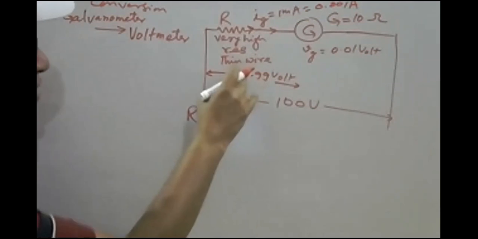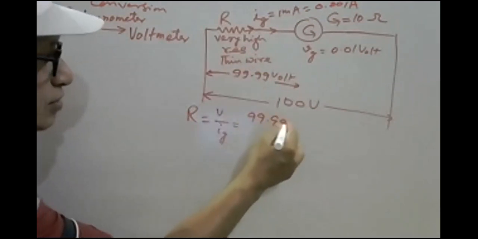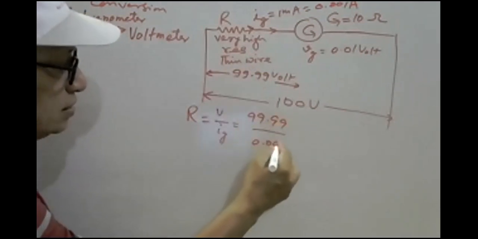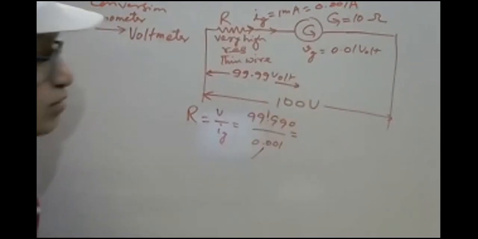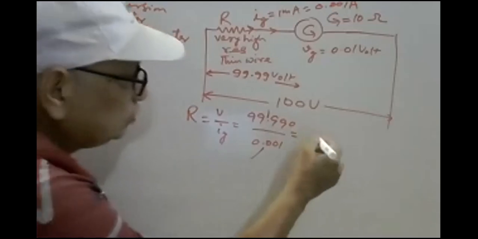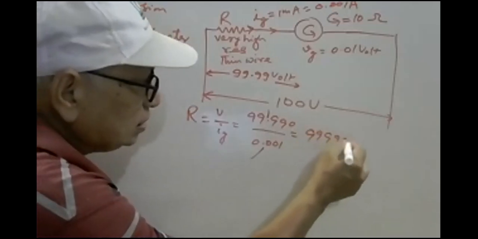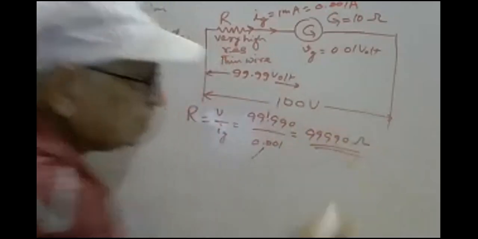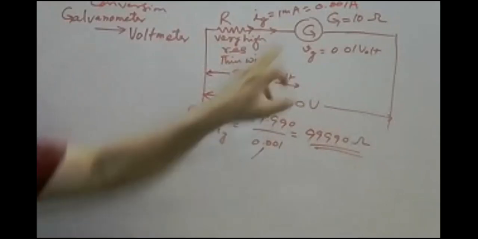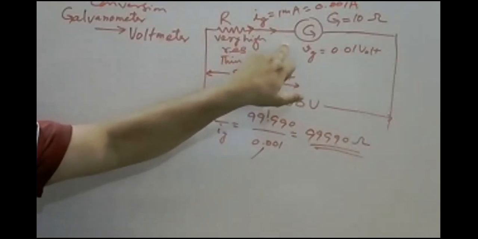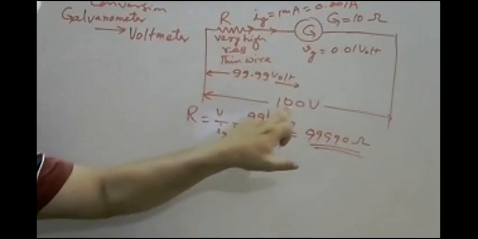So here 99.99 volt divided by 0.01. If you remove the decimal, it comes to 9999 ohm. It is very high resistance connected in series with the galvanometer. Now this galvanometer is converted into a 100 volt voltmeter.